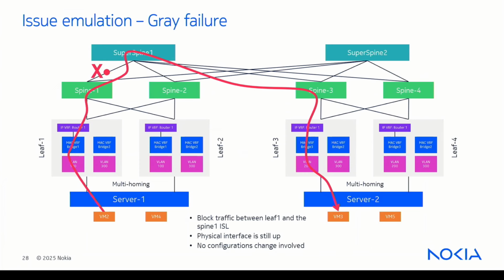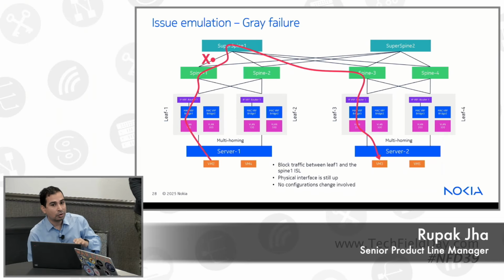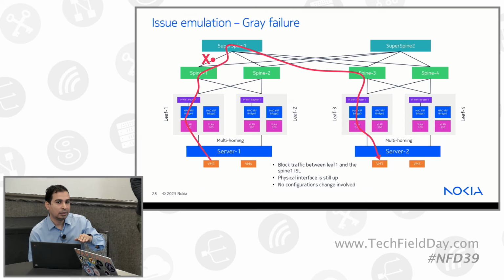We are shutting down the link in a way that it is not going to affect the interface status on the spine one and super spine one. So the port status on the spine one and super spine one will still be active. Only the protocol running on top of that will get affected, like BFD, BGP, OSPF, whatever protocols you are running between those links, but the link status is still up on the spine one and super spine one.